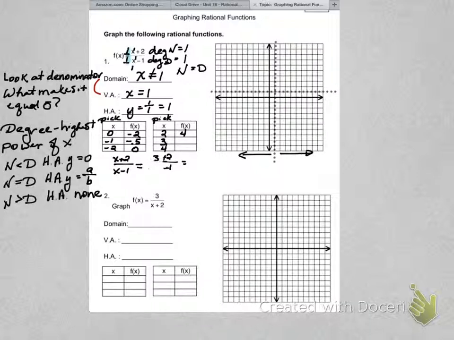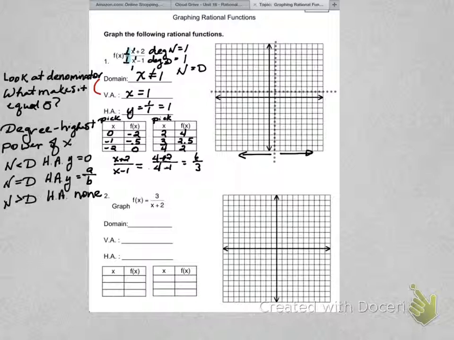Then we'll have 3 plus 2 over 3 minus 1, which is 5 over 2, or 2.5. And then we have 4 plus 2 over 4 minus 1, which is 6 over 3, or 2.